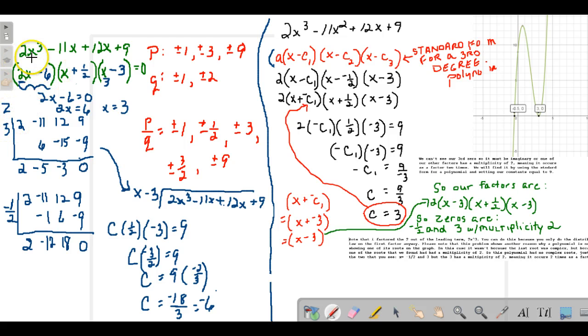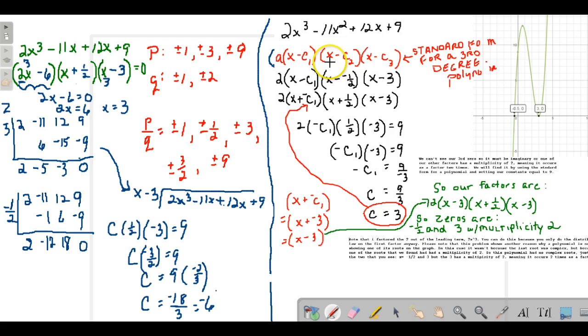The true 0 for this factor is when you take this and set it equal to 0 and find out the value of x that makes this 0. 2 times 3 is 6. 6 minus 6 is 0. 3 is the 0. 6 is just the C that we found down here by doing that little strategy with the 9. So these two methods are different.